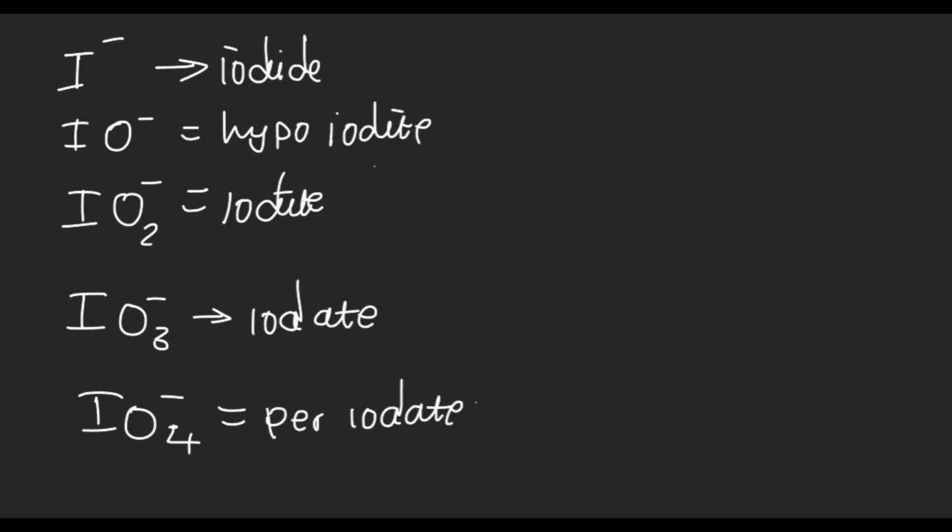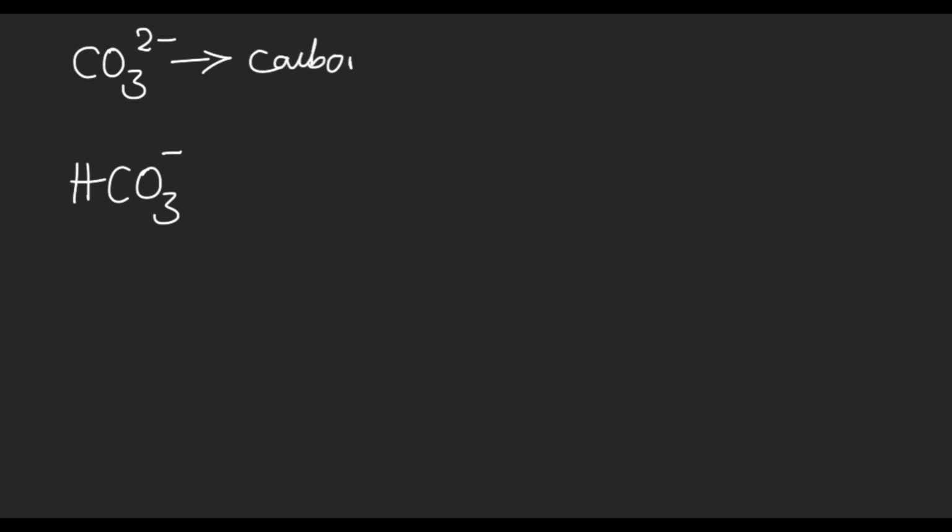Now away from this, let's look at this one. So we have CO3 2 minus, then even this one, but this one we have a 1 minus. This is called carbonate. Then since here we have the hydrogen, this one is known as hydrogen carbonate.